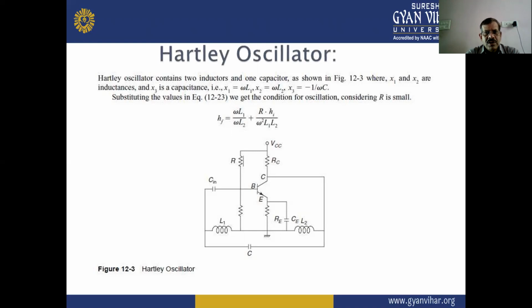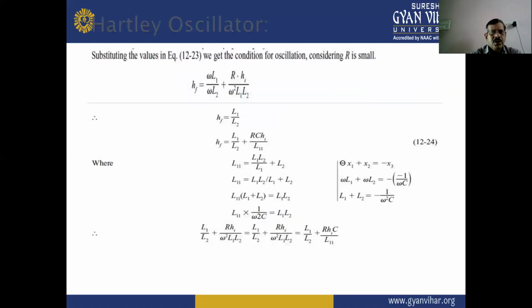Substituting these values in the general equation of the oscillator and considering R is small, we have hf equal to omega L1 upon omega L2 plus R into hi upon omega square L1 L2. Substituting these values, we get the condition for oscillation considering R is small.